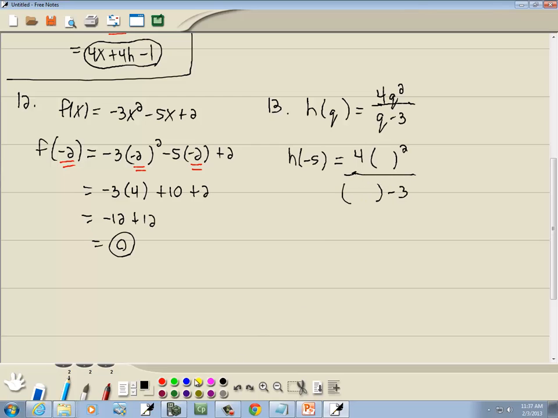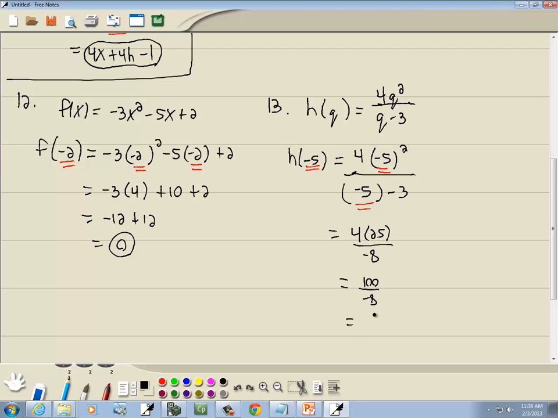Okay. Now, whatever's inside the parentheses over here is what we're going to put inside the parentheses over here. Well, what's over there is a negative 5, so put in negative 5 here and negative 5 here. Negative 5 squared gives us 25. Negative 5 times negative 5. Down here, negative 5 minus 3 is negative 8. 4 times 25 gives us 100 over negative 8.